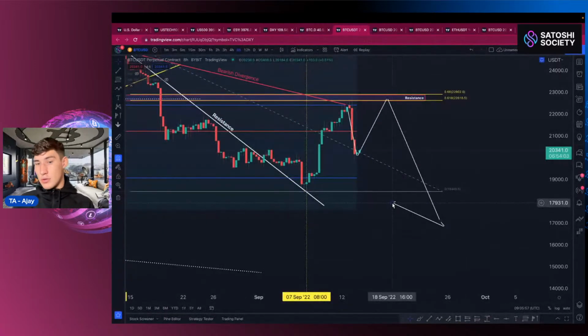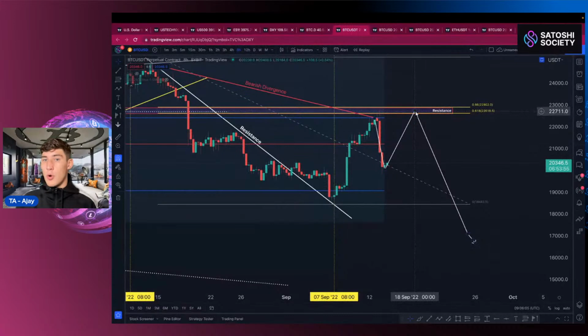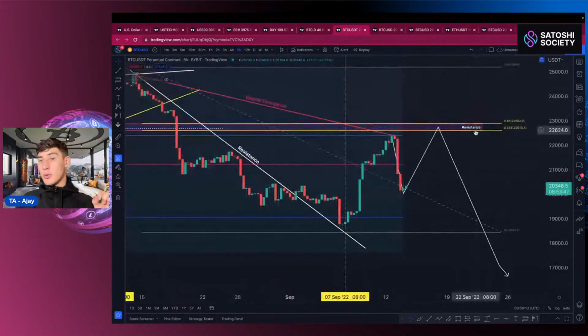I do think we could see that price pull back to this resistance and this golden pocket. If we do come back to this resistance and the golden pocket, I'm going to have my limit short orders in again. So my short orders are going to be set at between 22,600 as the first one.